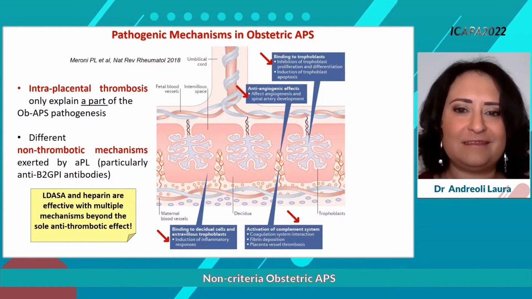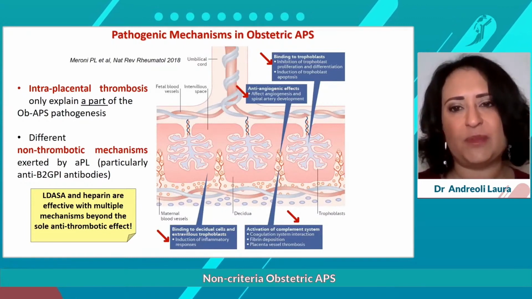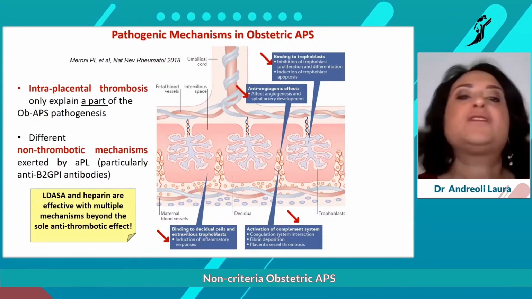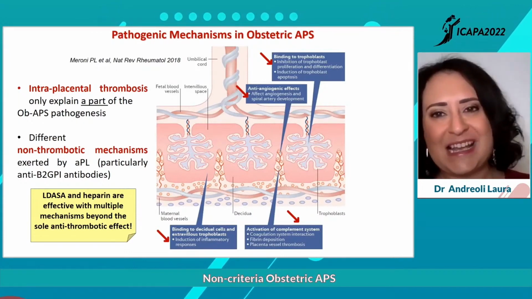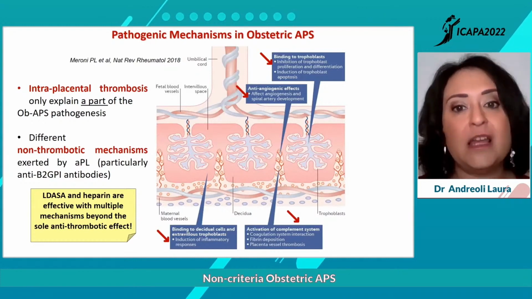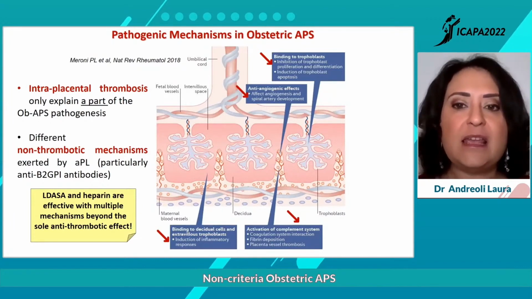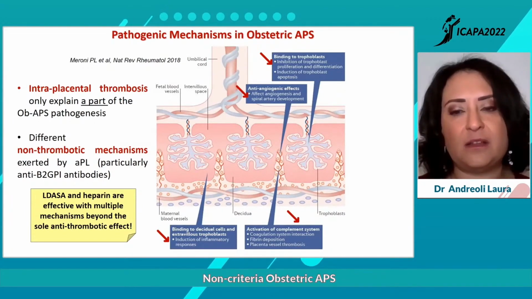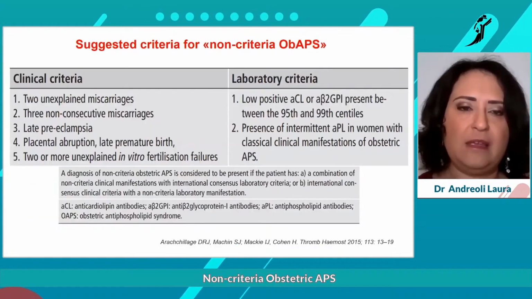And by learning more about the pathogenesis of obstetric APS, we can understand better why low-dose acetylsalicylic acid and heparin work well in this syndrome, because they also have some kind of anti-inflammatory properties.